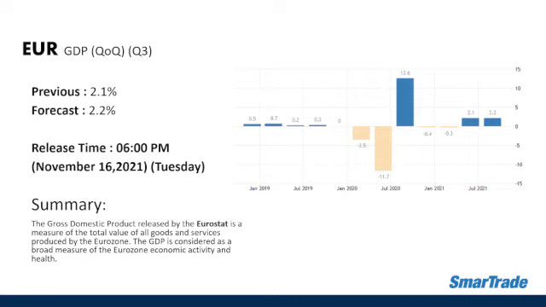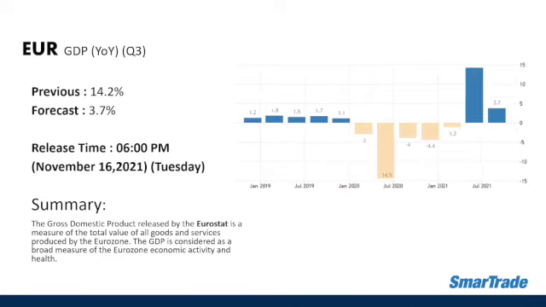And we also have the gross domestic product on a quarterly basis for the third quarter for the Eurozone. The previous data is 2.1%, and the market forecast at 2.2%. The actual data is unchanged and did not beat the market forecast. The actual data is 2.2%. And we also have the yearly basis for the GDP for the Eurozone.